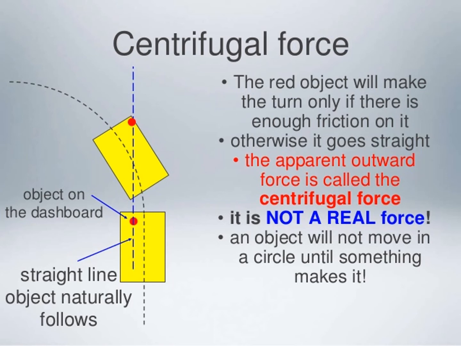Now the red object will make a turn only if there is enough friction on it, otherwise it goes straight.